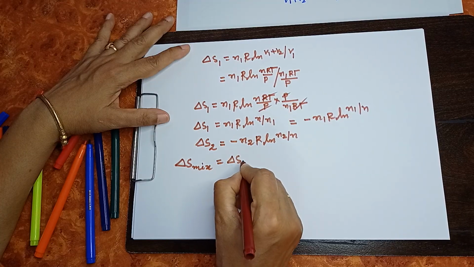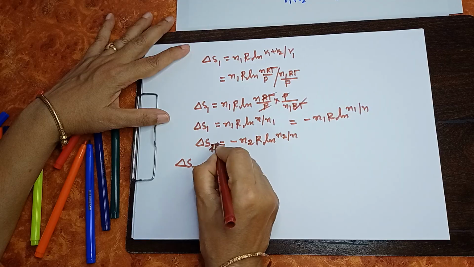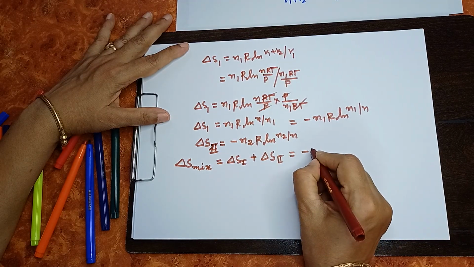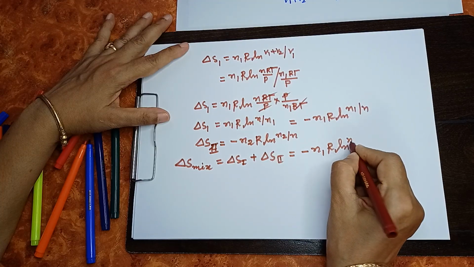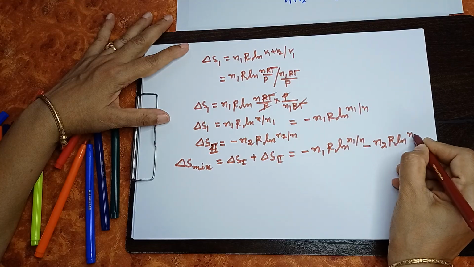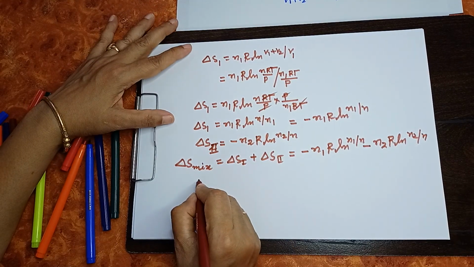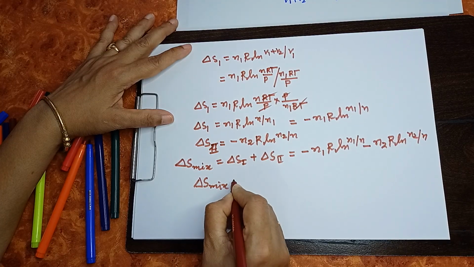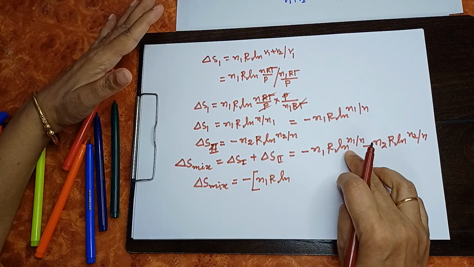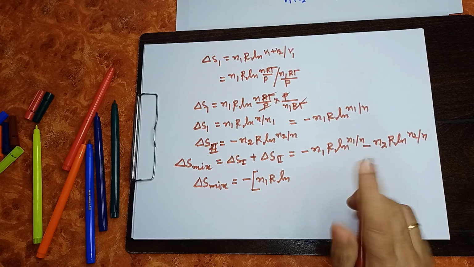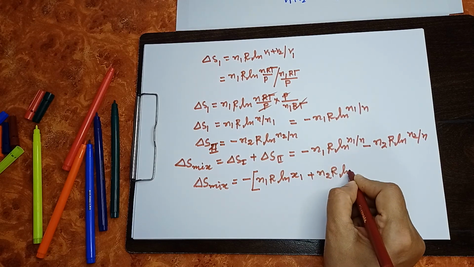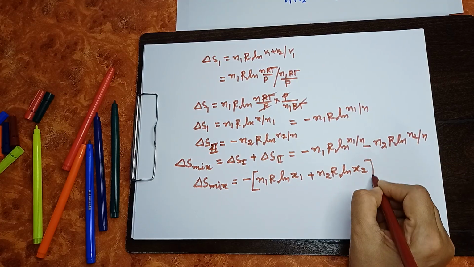Now, what is the total entropy change during mixing, or the entropy of mixing? That will be delta S1 plus delta S2, which is equal to minus N1 R ln N1 by N minus N2 R ln N2 by N. Now, delta S mixing, if I take minus common, is N1 R ln N1 by N, that is the number of moles of the component divided by the total number of moles, the mole fraction of gas 1, plus N2 R ln, in a similar way the mole fraction of gas 2, right?